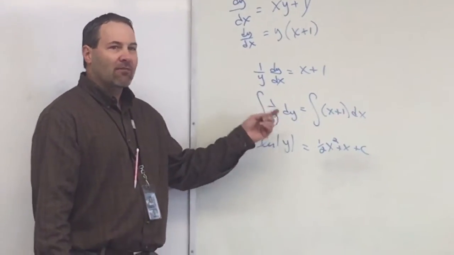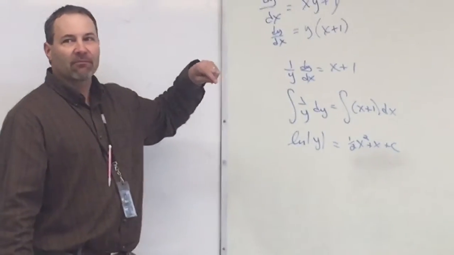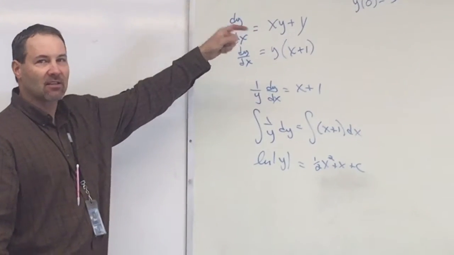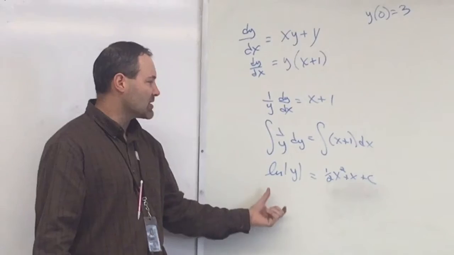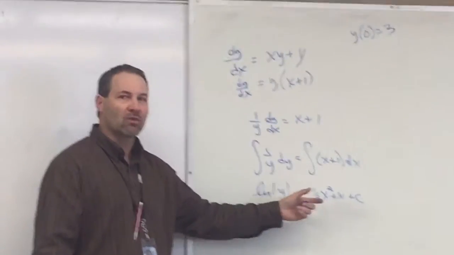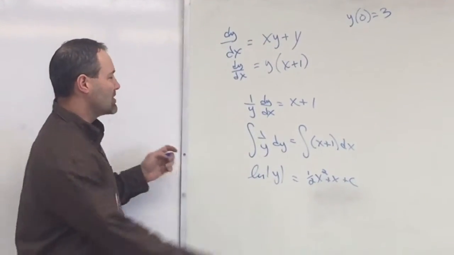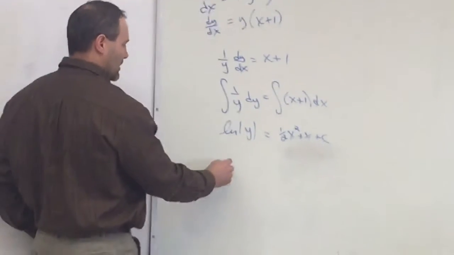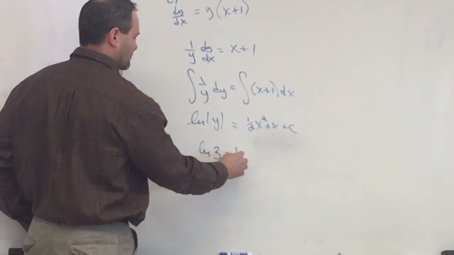After you have integrated, that is the time to plug in our 0 and 3 to find c. That's what I would recommend. You could start solving for y, but it gets a little messy with the c. So I would suggest that immediately after integration, you plug in 0 for x and 3 for y.